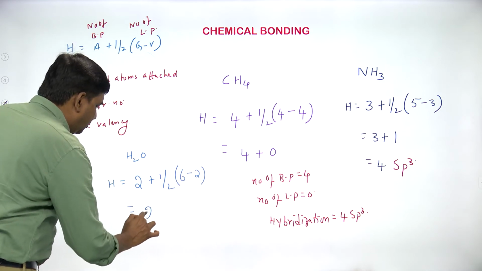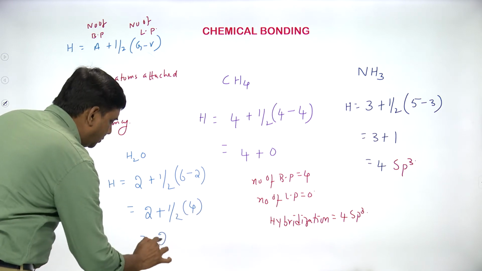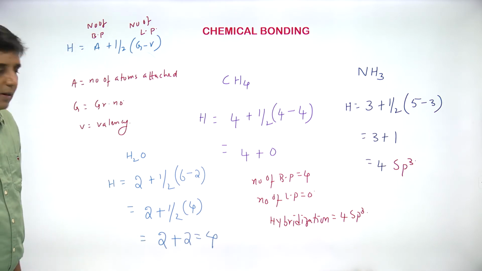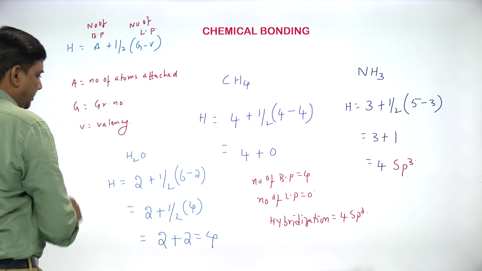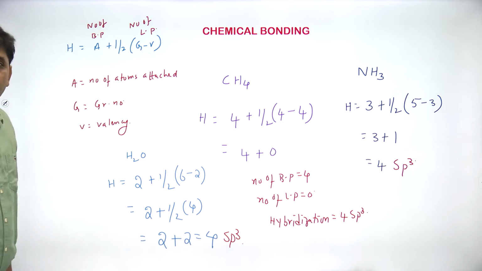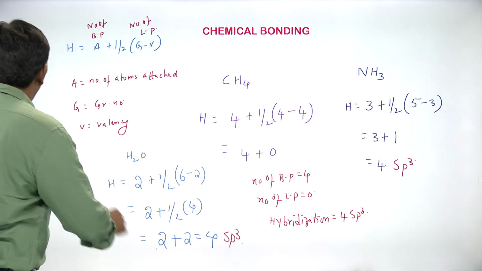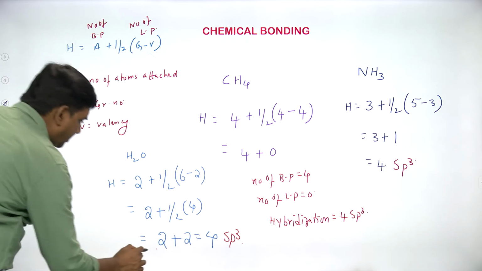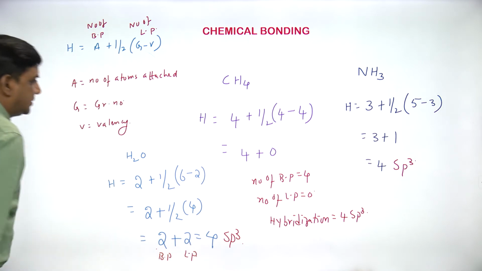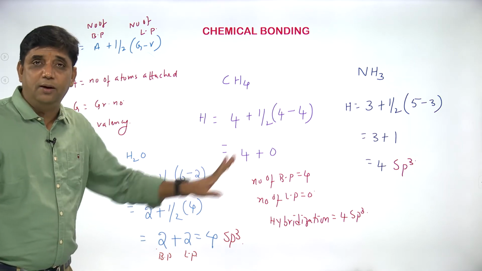That is 2 plus half into 4, which is 2 plus 2 is equal to 4. 4 means sp3 hybridization, but it contains 2 bond pairs and 2 lone pairs. By using this technique you can find out the number of bond pairs and lone pairs.